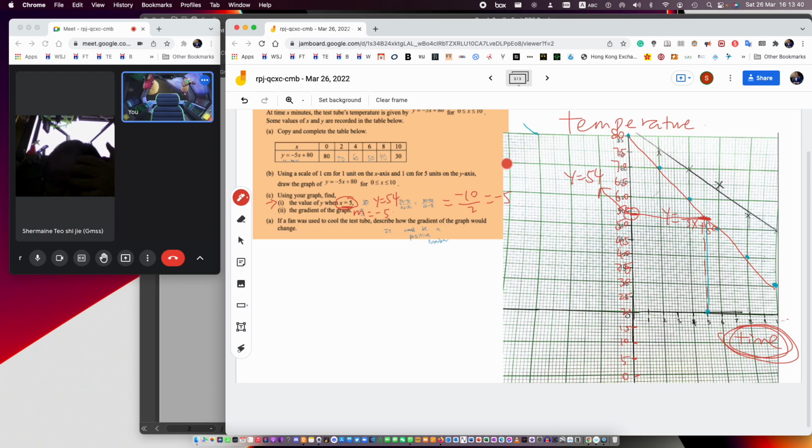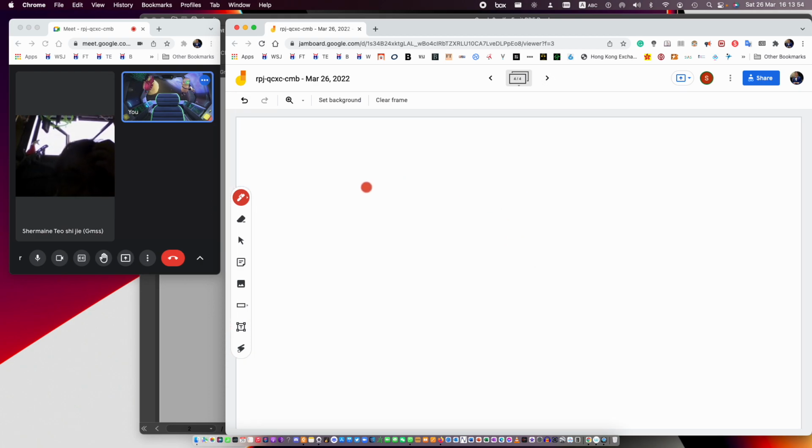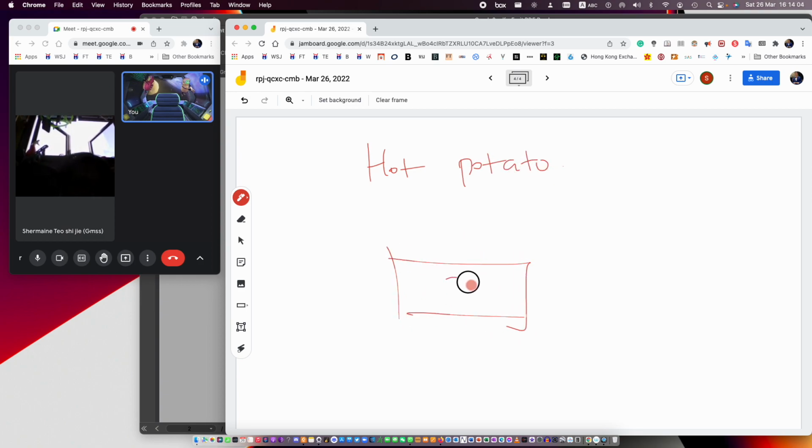Let's say you have a hot potato, you put it on the table, it will cool down after some time, right? Let's go to slide 4. So you have a hot potato. You put it on the table.